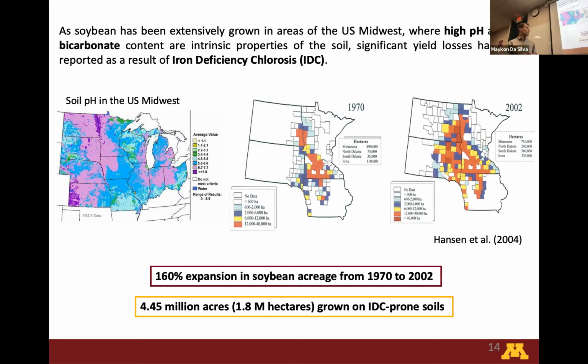These authors estimated the total area of soybean grown under IDC-prone soils to be approximately 4.55 million acres in this region, encompassing the states of Minnesota, Iowa, South Dakota, and North Dakota. In addition, the authors estimated a 160% expansion in soybean acreage in this region from 1970 to 2002, which is a fine demonstration of how IDC has become a major issue for soybean growers in the Midwest.